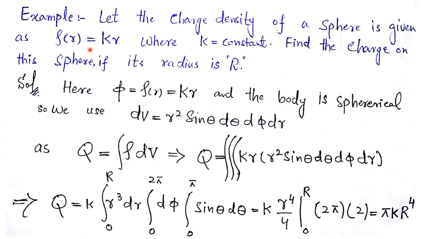So I hope you got the idea, and you may be able to do these types of simple problems. If this charge density is given to you, or the mass density, or any scalar function, then you will be in a position to integrate in the appropriate coordinate system.